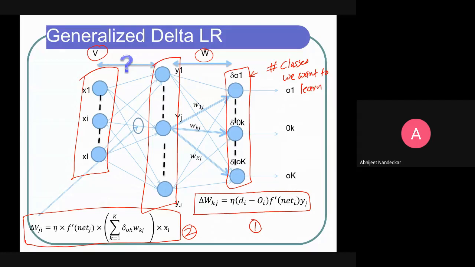Suppose I want to learn 5 classes, so the number of nodes at the output side will be 5. So this will be O1 to O5. Then for the input side, the number of nodes equals the dimension of the feature vector.